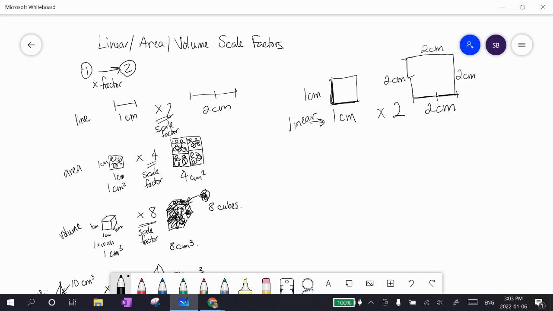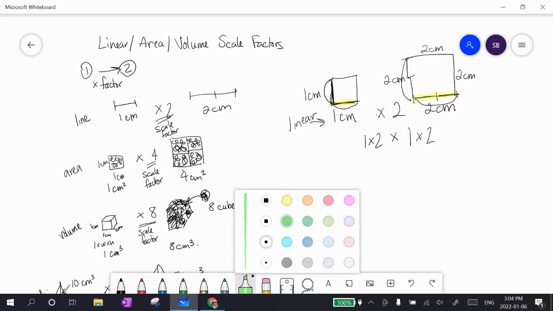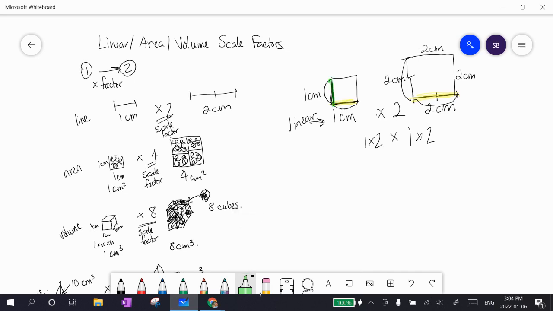If I look at this, I can see this is 1 centimeter times 2, times 1 centimeter times 2 to get over here. So this side times 2 to get this side, and this side times 2 to get this side.